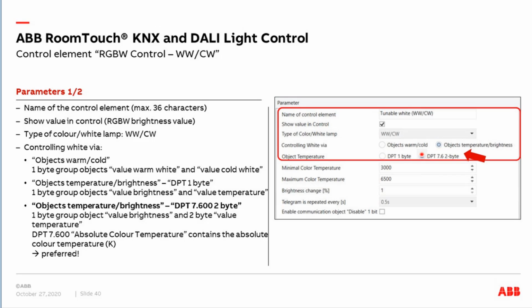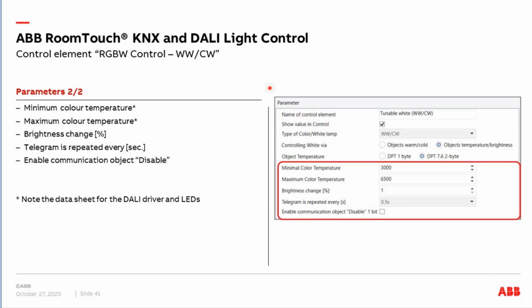Good, so we select here data point type 7600. The next step is to set our minimum and maximum color temperature range. This depends on the DALI driver and LEDs, so you have to check the data sheet of the DALI driver. Some DALI drivers, like in my example, support between 3000 and 6500 Kelvin.